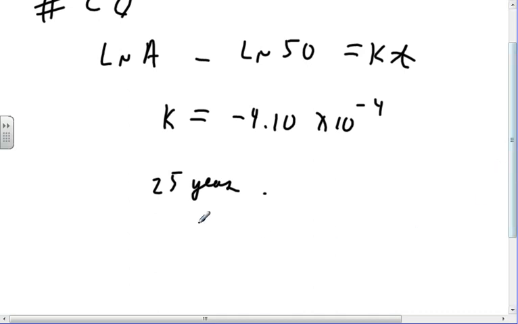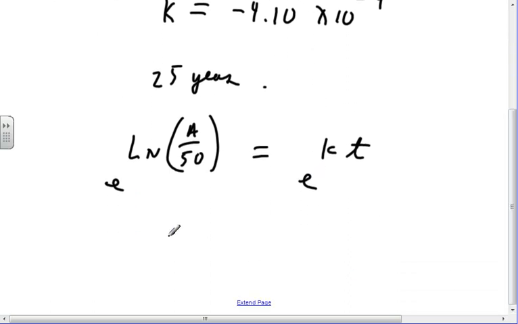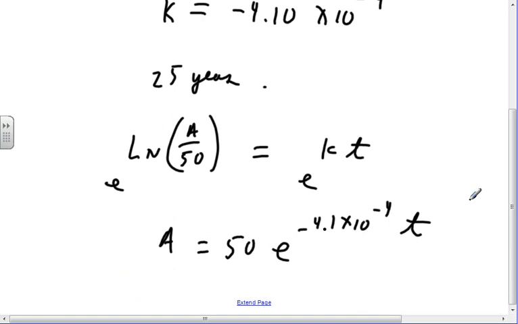All right, so if we take the natural log of A over 50 is equal to KT, and then we raise both of those as powers of e, we'd have A is equal to 50 e to the minus 4.1 times 10 to the minus 4 T. Okay, so that's what we have.